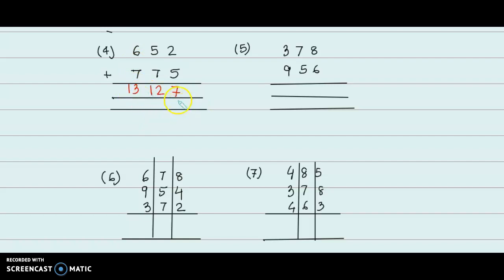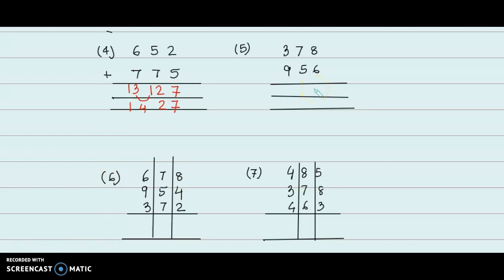So you will write this number as it is. This 2 will also be written as it is, and this 1 and 3 will be added, so that gives you 4, and this is 1. So 1427 will be your answer.